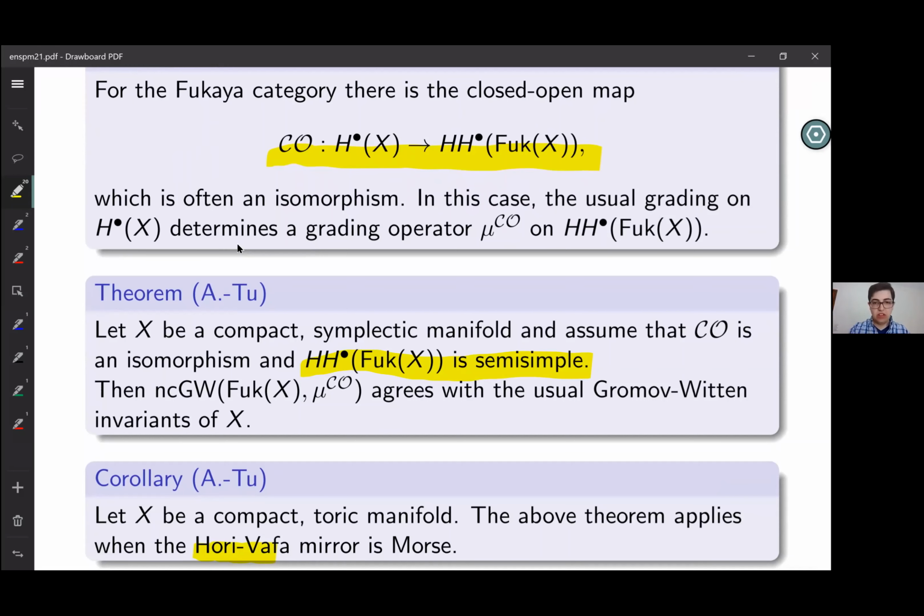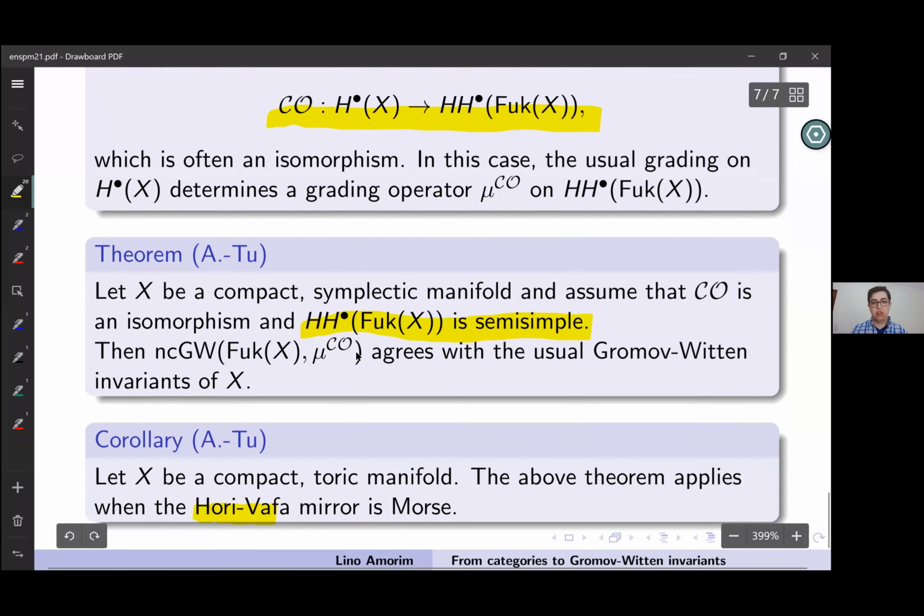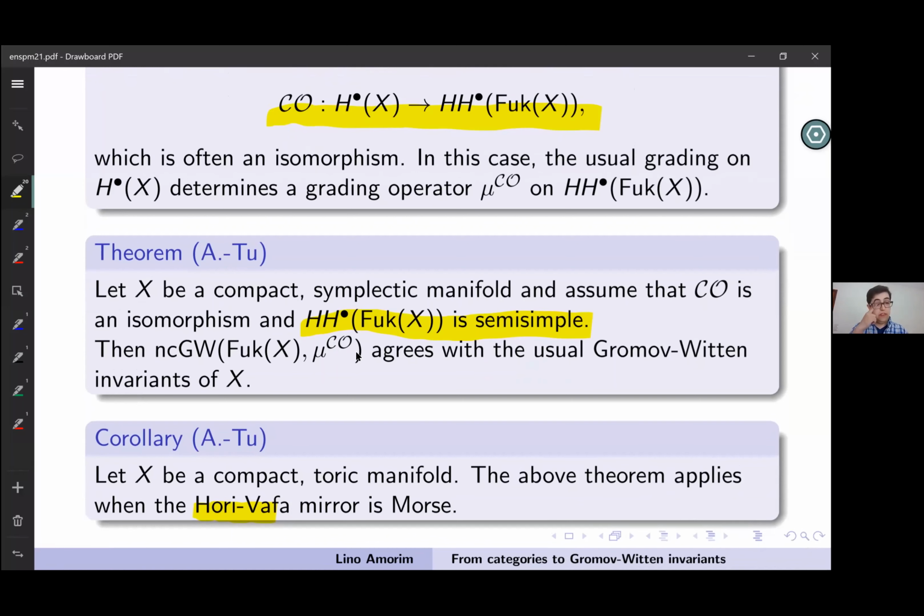Okay, so the semi-simple is equivalent to this having non-degenerate critical points. So if X is toric and Fano, this is true for a generic toric symplectic form. If it's not Fano, then this theorem would still hold as long as this thing is Morse, but it'll be harder to check. Okay, so let me stop here.